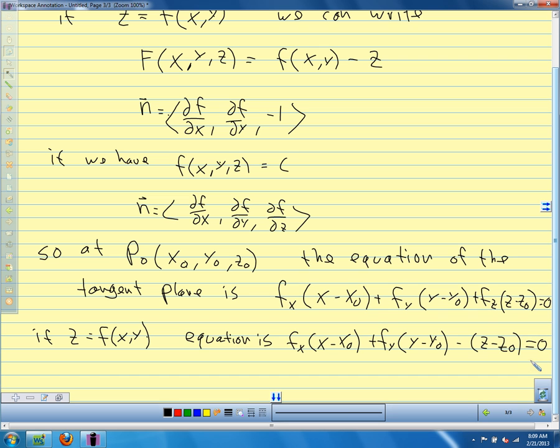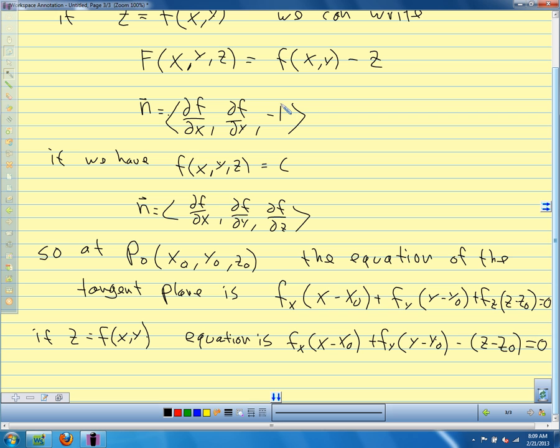The first one is if it is equal to a constant, f of x, y, z equals a constant. So with the gradients, we have a normal vector to our surface.